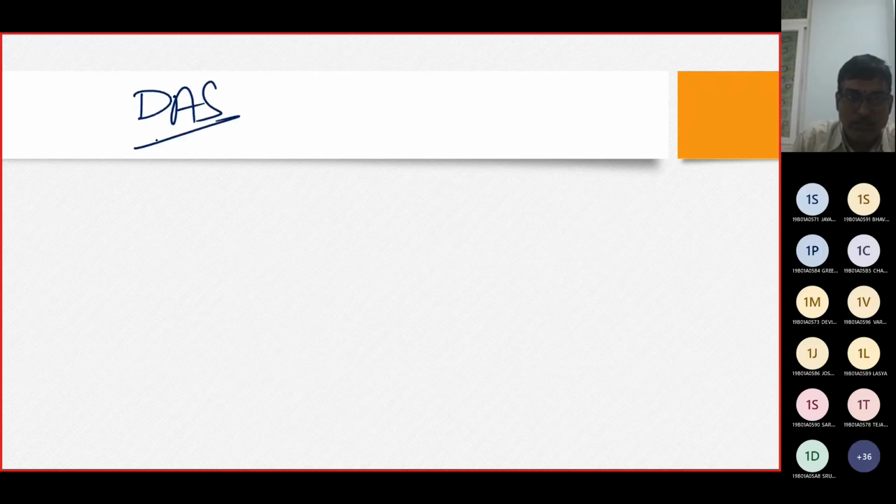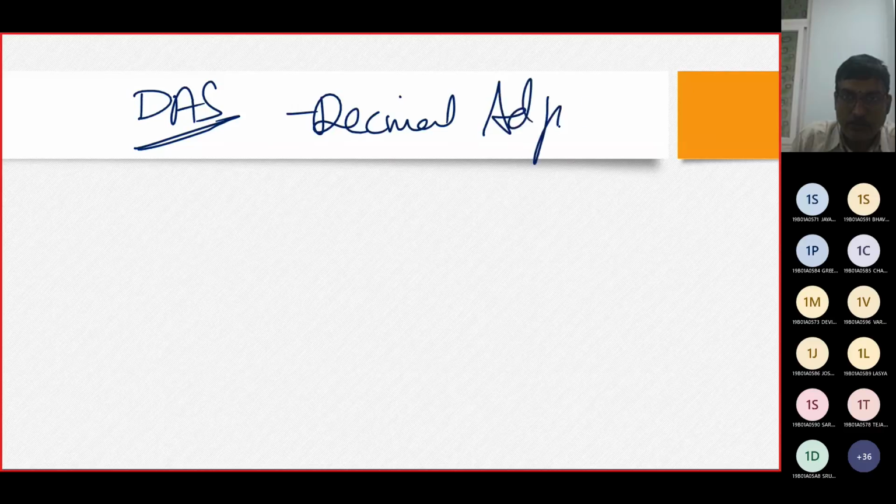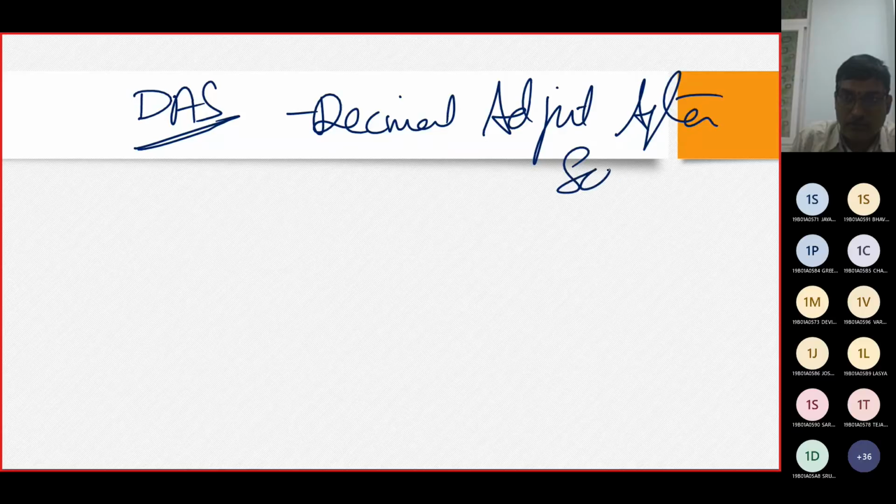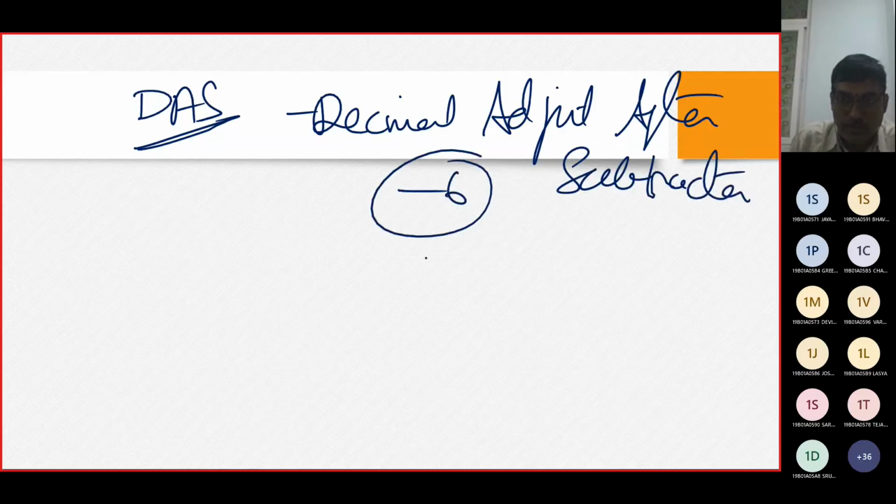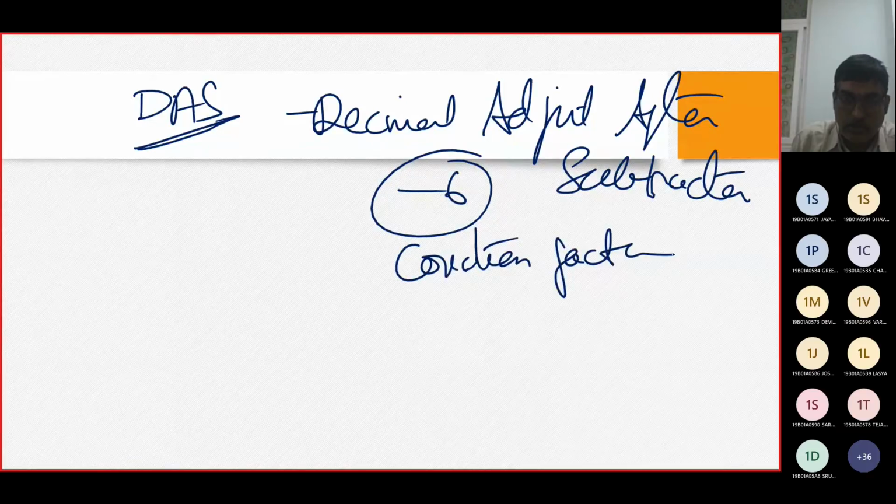After ASCII adjust after subtraction, we have DAS, that is decimal adjust after subtraction. So -6 is the correction factor. So this is all regarding ASCII adjust and decimal adjust.